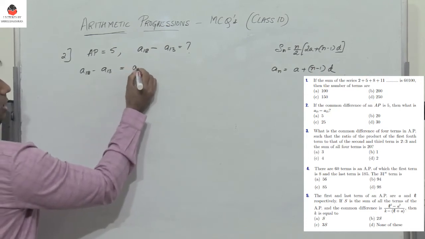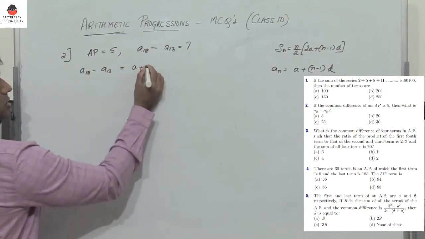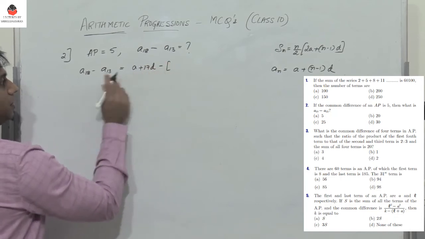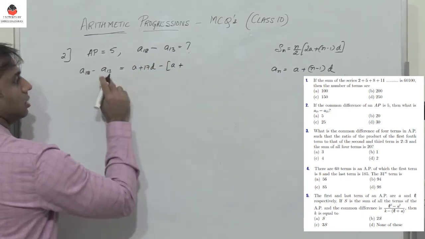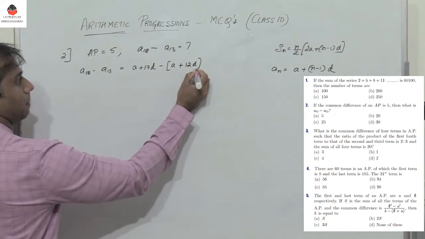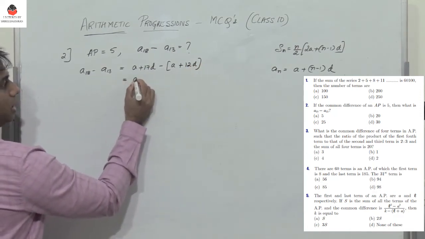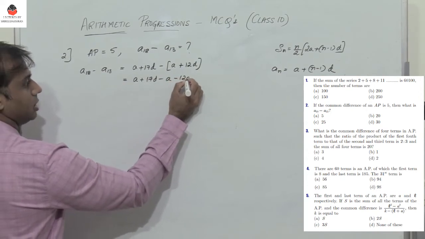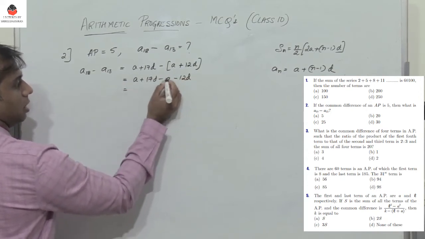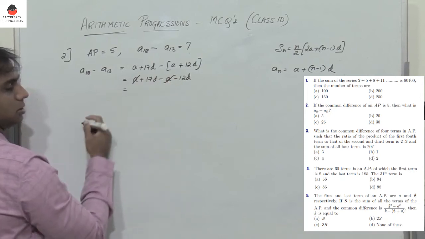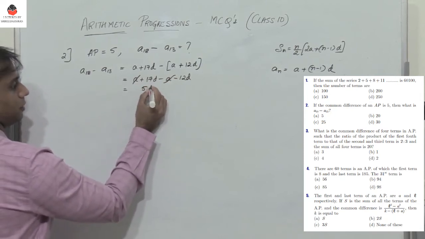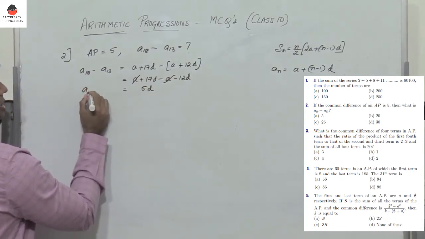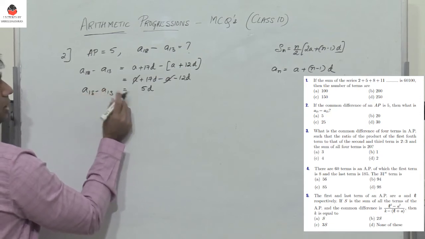A18 is nothing but a plus 18 minus 1, which is 17d, minus A13, which is a plus 13 minus 1, which is 12d. So you have a plus 17d minus a minus 12d, and a gets cancelled. So you have 5d. So A18 minus A13 is 5d.